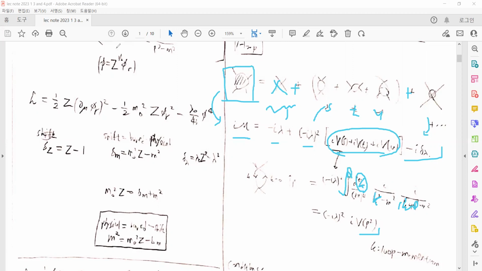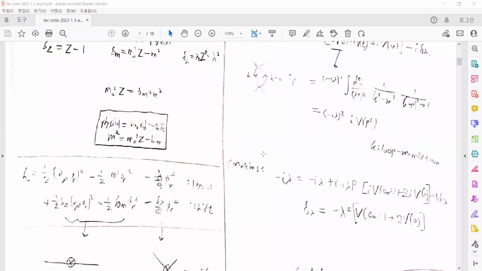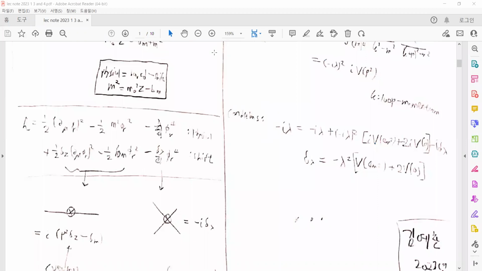Because such a loop momentum does not have an upper bound, it will be divergent. So we will introduce a regulator, and by the normalization conditions, we set S equal to the Born scale and T and U equal to zero, which should be the physical coupling constant lambda.